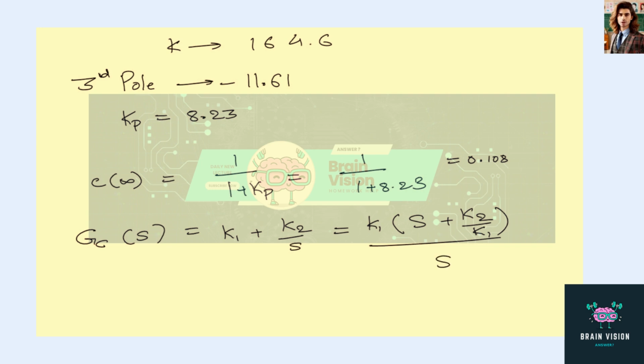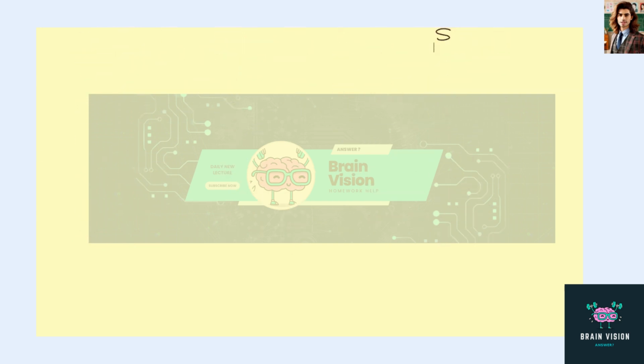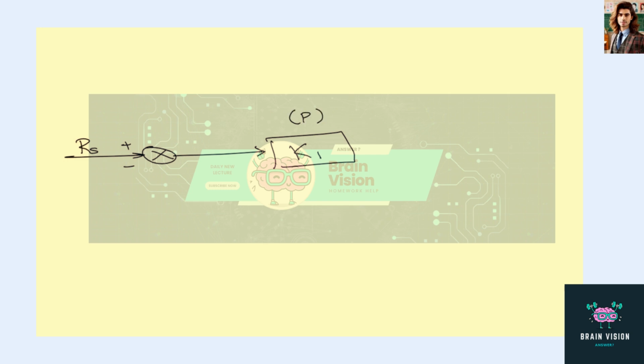Okay, so the figure would look something like this. There would be an R of S, the positive and negative, going to the K1, then there would be a proportional P over here.